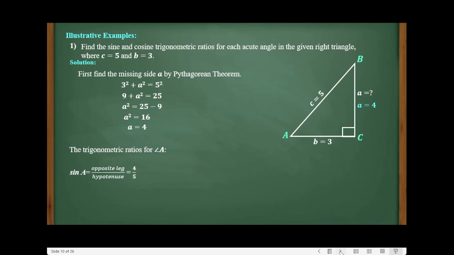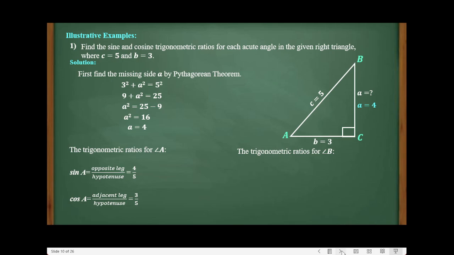Okay, next, about the cosine of A. For cosine of A, that is defined as the adjacent leg of angle A over the hypotenuse, and obviously the ratio is 3, this one, the adjacent to angle A, over the hypotenuse, which is 5. Okay, next, how about in reference to angle B?